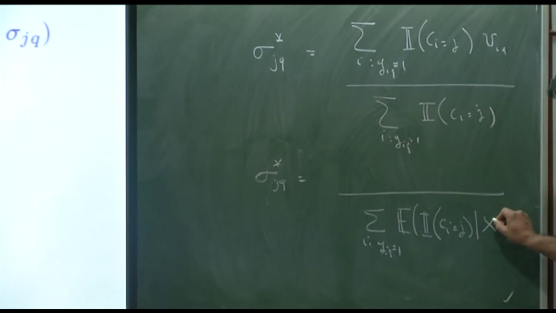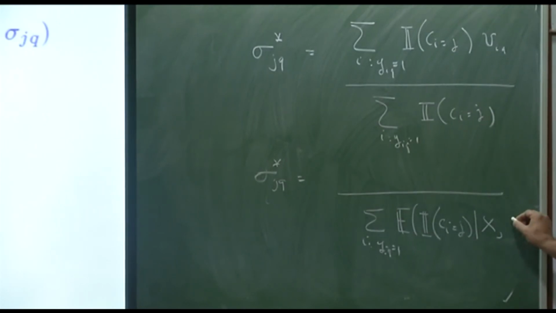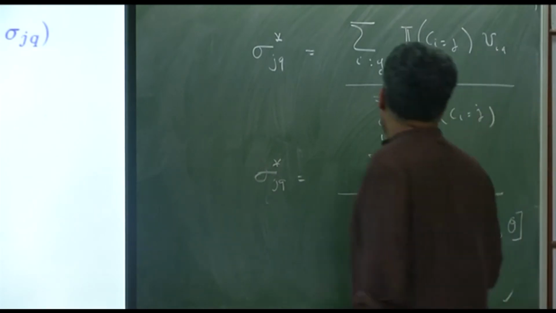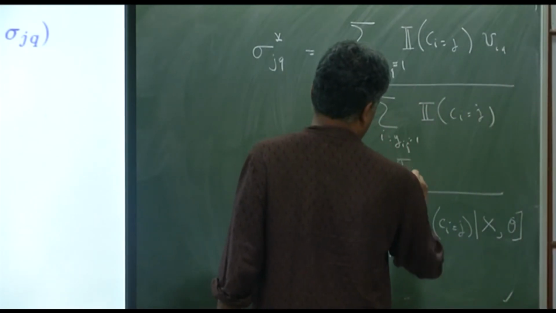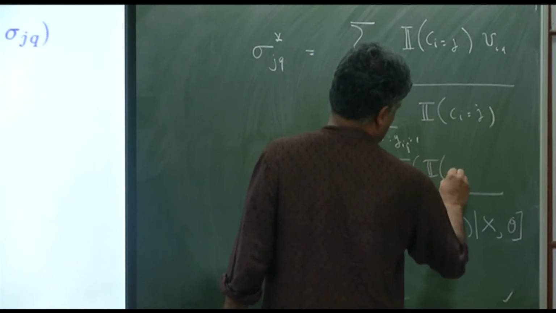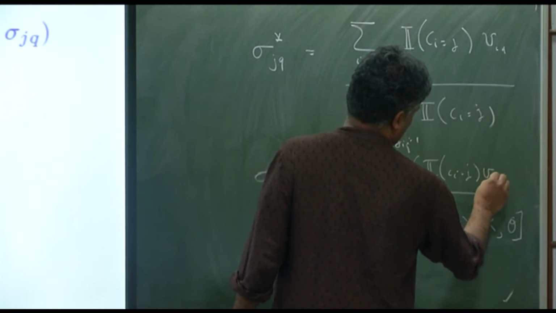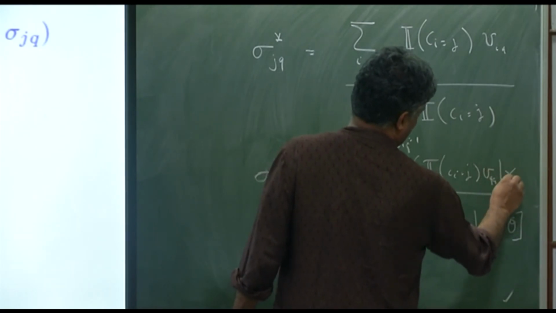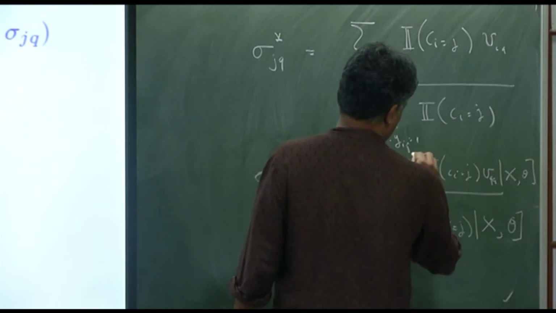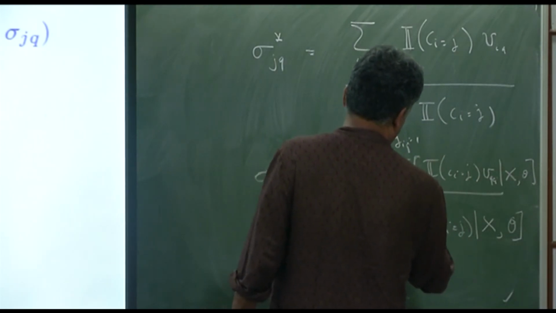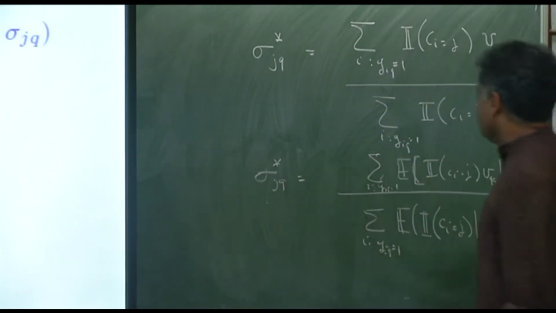The data that I have and the old set of parameters that I computed. And up here it will be the summation of the same thing, expectation of the indicator function CI equals J. Now VIQ is sitting there, conditioned on x and theta. Again, I such that VIQ equals 1.